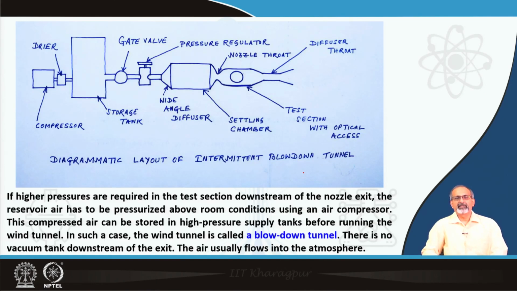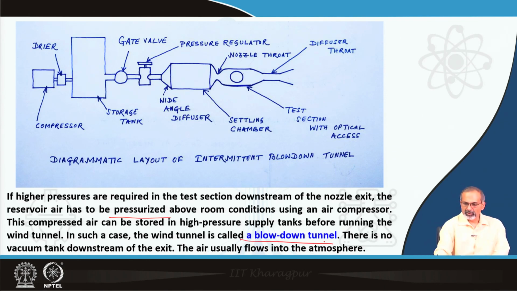If higher pressures are required in the test section downstream of the nozzle exit, the reservoir air has to be pressurized above room conditions using an air compressor that we just saw a few minutes back. This compressed air can be stored in high pressure supply tanks before running the wind tunnel. In such a case, the wind tunnel is called a blow down wind tunnel.